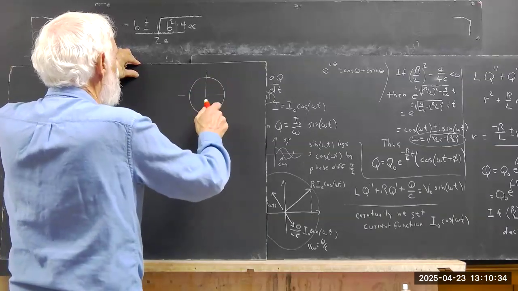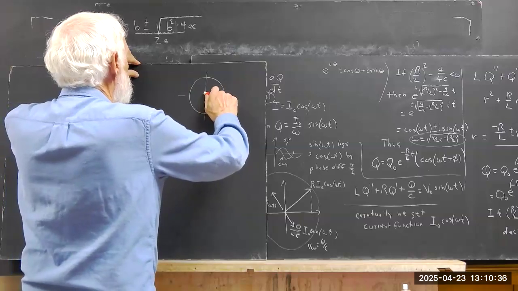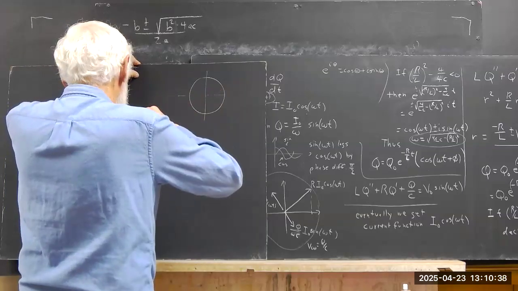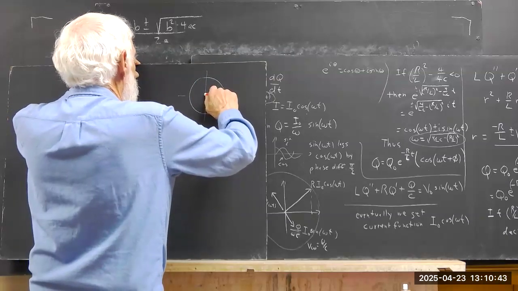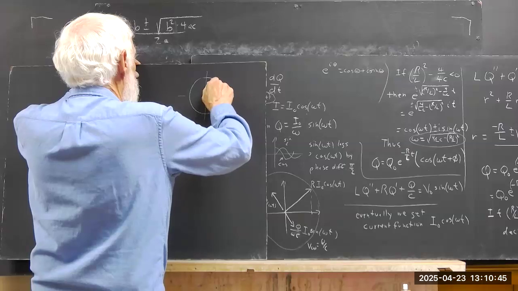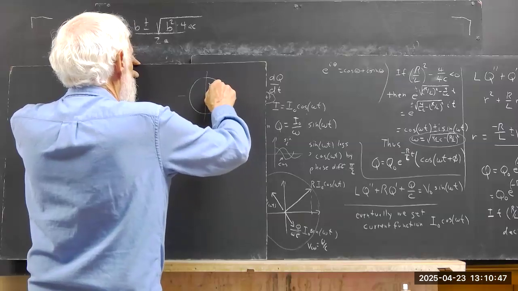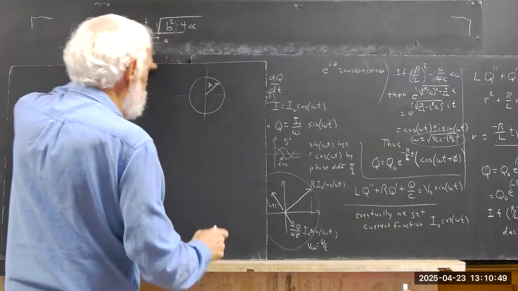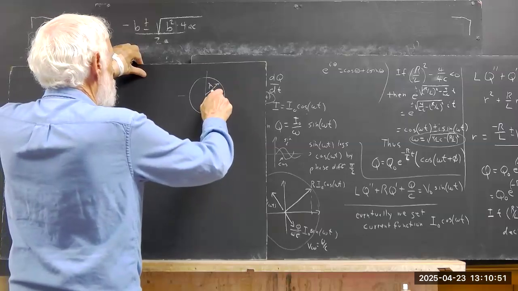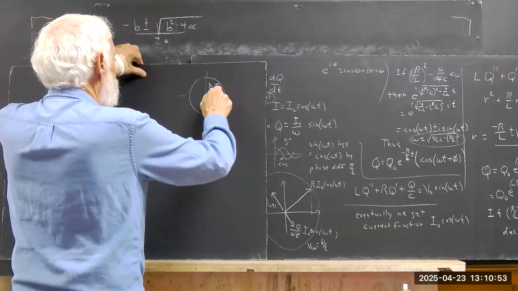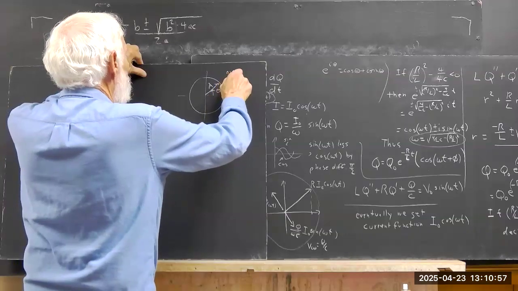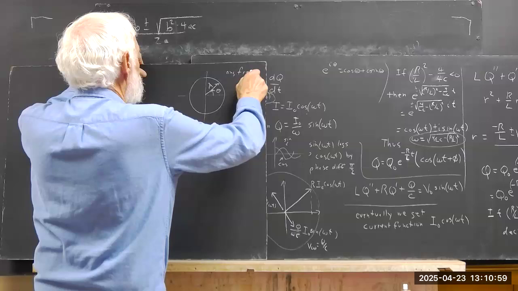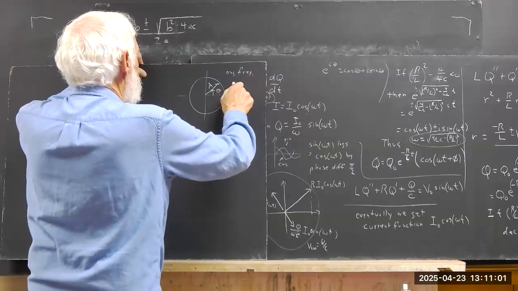Circle, whatever amplitude. Where this vector has magnitude A and angle theta, with an angular frequency omega.